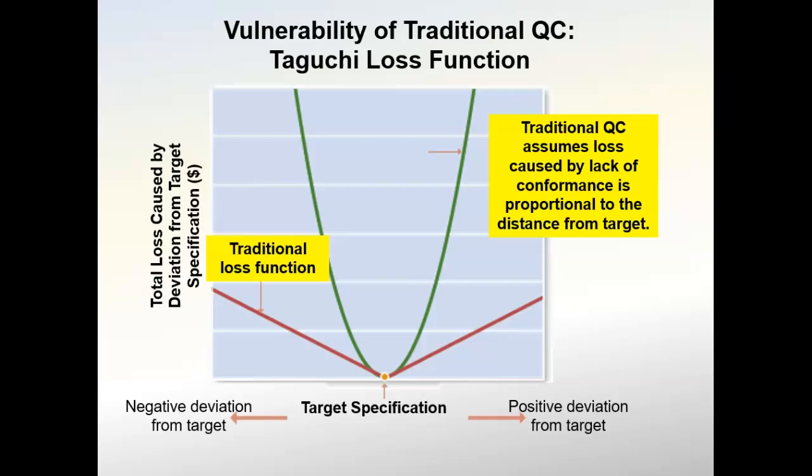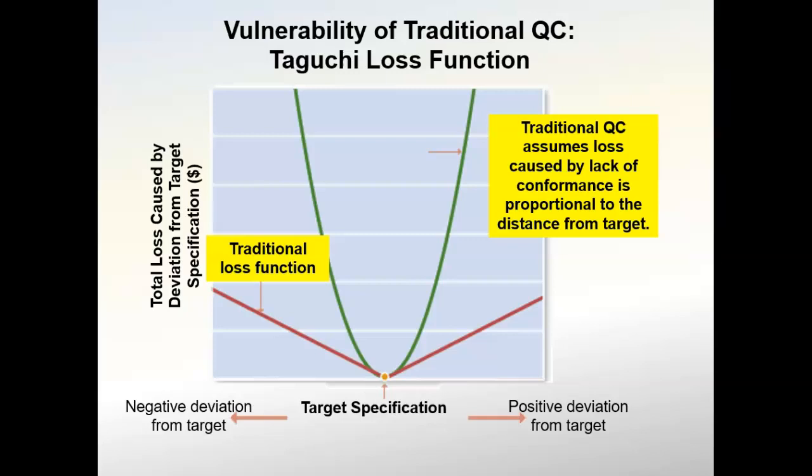Now, in the 1970s, Taguchi introduced the idea that this linear assumption may be, in fact, a very poor explanation of the true cost of quality. Rather, the true combined cost of nonconformance is more likely to emerge in a non-linear fashion, rising sharply with the degree of nonconformance.